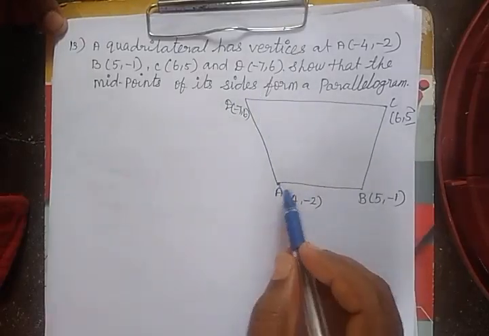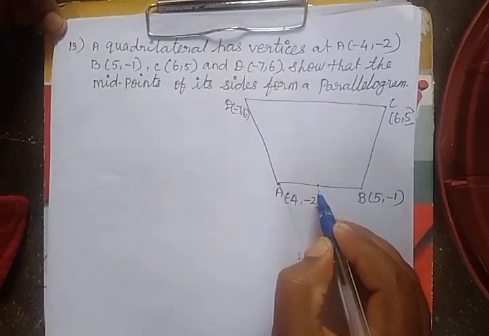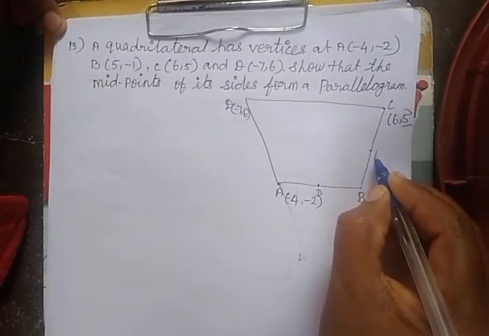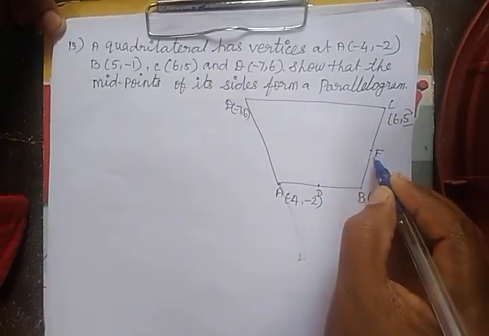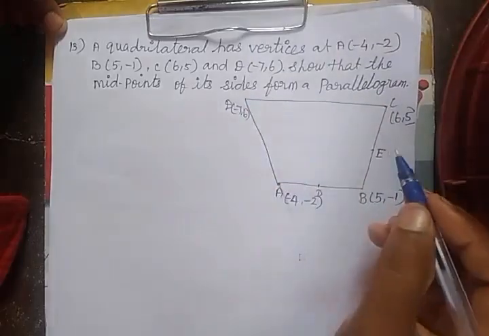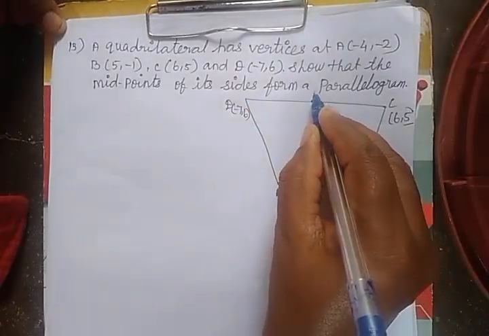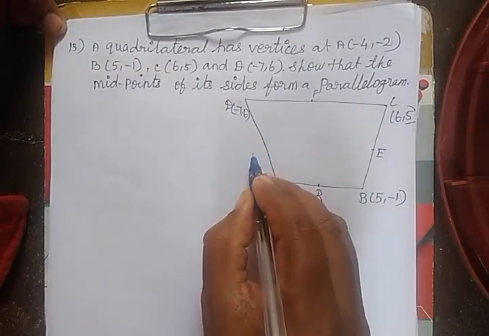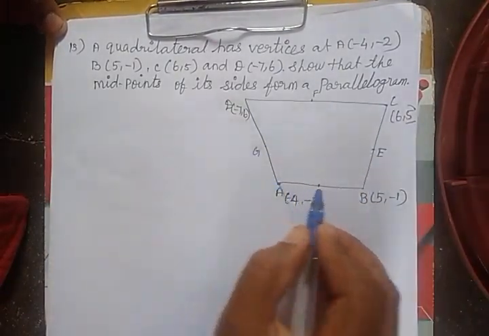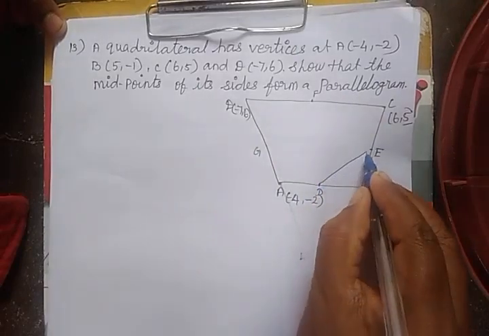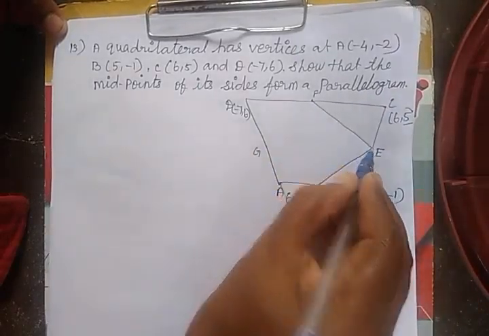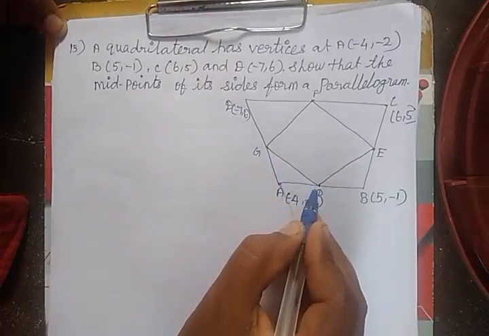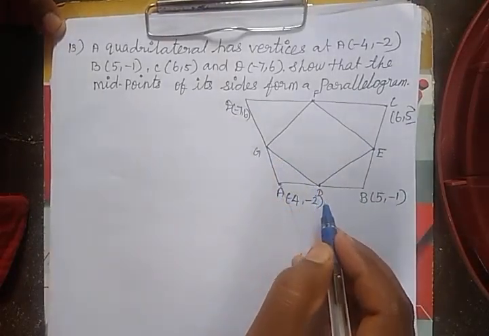So the midpoint of AB is D, the midpoint of BC is E, the midpoint of CD is F, and the midpoint of AD is G. Now we want to prove that DEFG is a parallelogram. So we want to find the midpoints first.